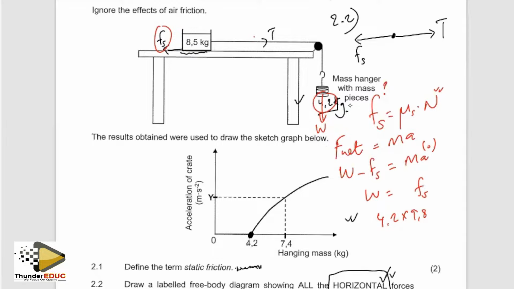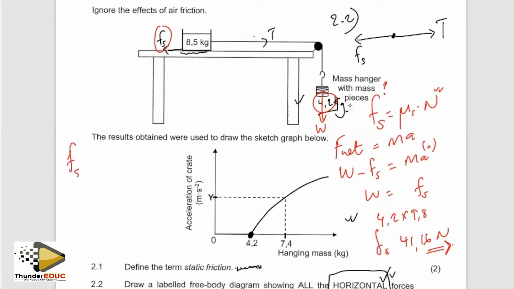So when I punch that into the calculator, 4.2 times 9.8, I end up with 41.16 newtons. Now this is going to be our Fs. Now we're going to get this and replace it outside.